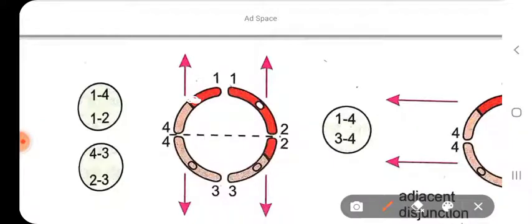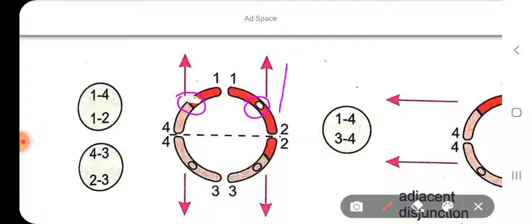I have said that in adjacent type 2 segregation, the two homologous centromeres, one having normal and one translocated. So these are the homologous centromeres, because within the 1 and 2 segment there is the centromere region, and here also there is a centromere region. So they are homologous centromeres of both sides.